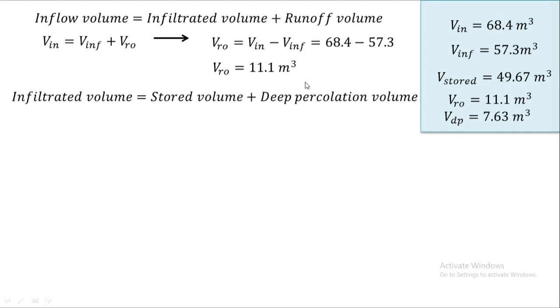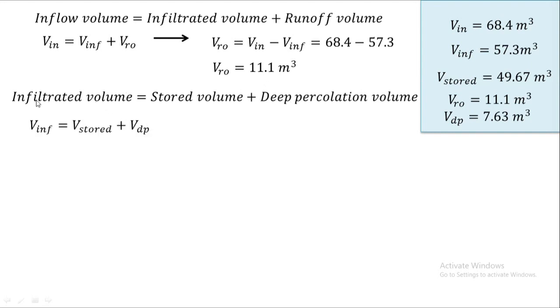Now, infiltrated volume is equal to stored volume plus deep percolation volume. Out of the total volume infiltrated, some of it was stored as useful depth, 100 millimeters, and we also obtained its value in terms of meter cube. Deep percolation volume was not obtained, so we have to find it using this equation.